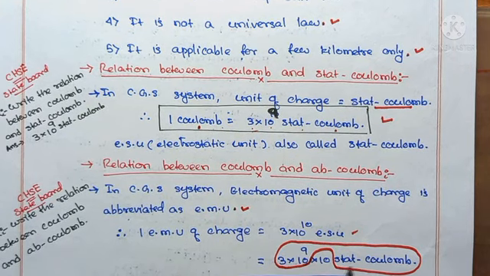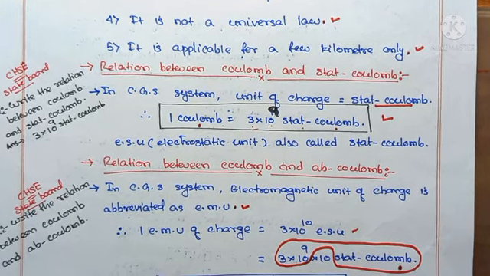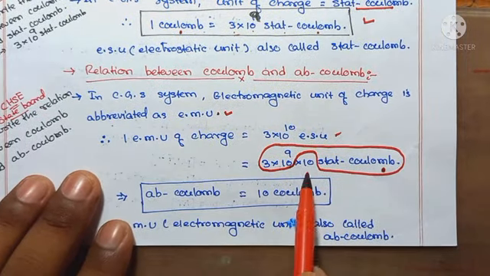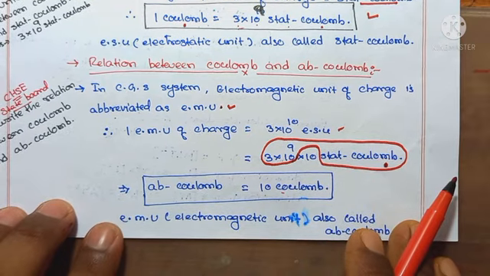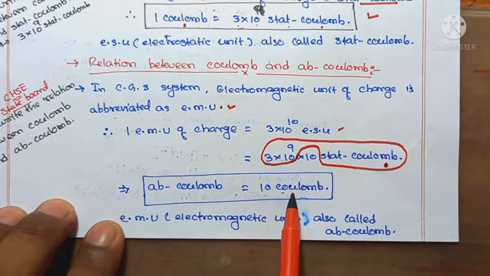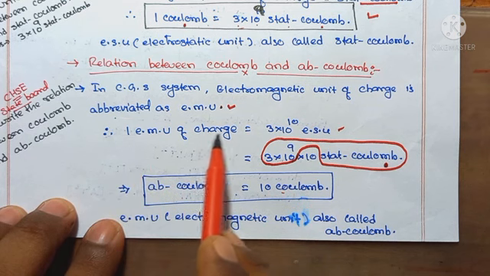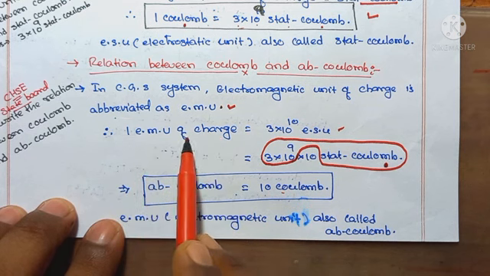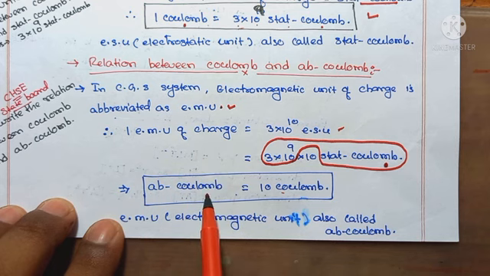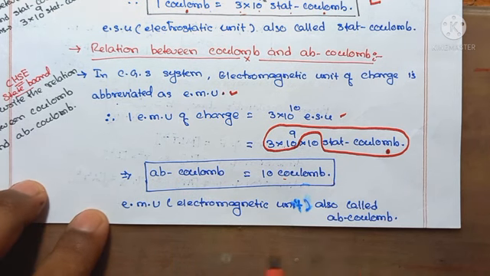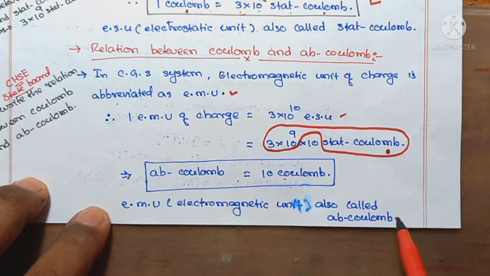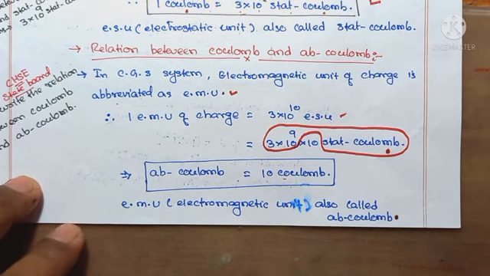So in place of 3 into 10 to the power 9 statcoulomb, I have written 1 coulomb. So 10 into 1 coulomb is equal to 10 coulomb. We call the EMU of charge, the electromagnetic unit of charge, the abcoulomb. So 1 abcoulomb is equal to 10 coulomb.